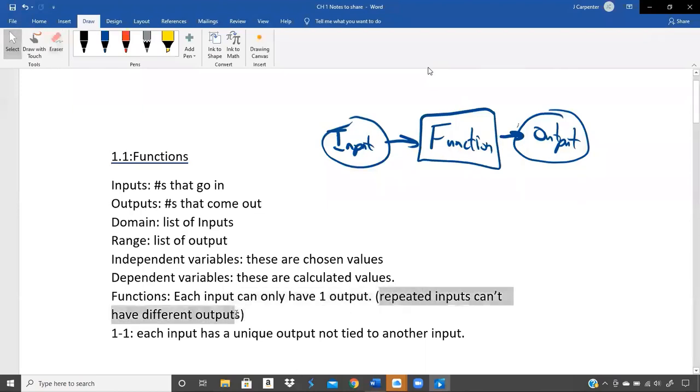Repeated inputs can't have different outputs. Repeated inputs is me continuing to put oranges into the blender. And if I keep putting oranges in the blender, I should get the same answer, which means I can't get a different output. So every time I put my orange in, I should get orange juice.